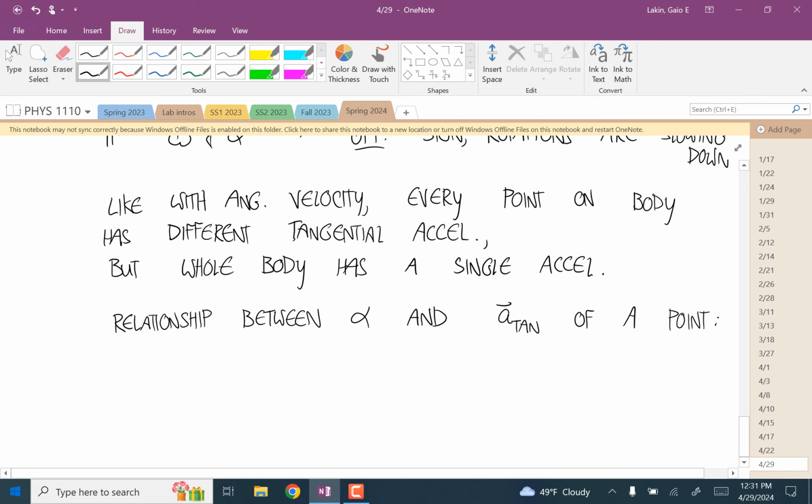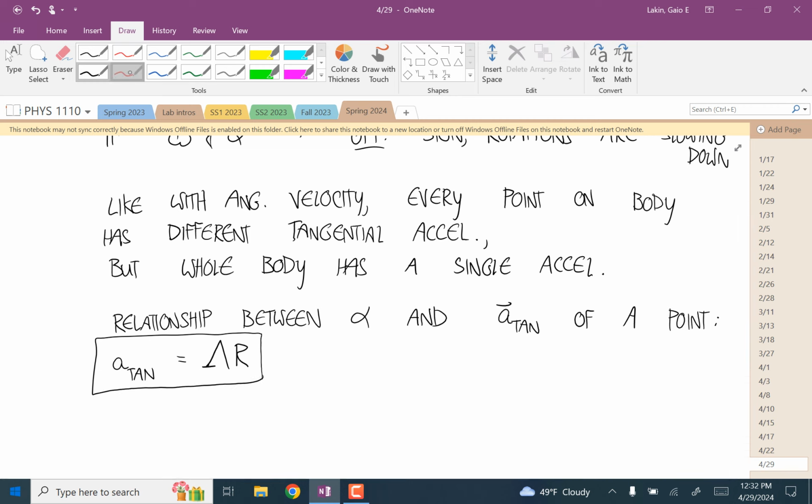And that is the magnitude of the tangential acceleration is equal to the absolute value of alpha, the Greek letter alpha, times r.